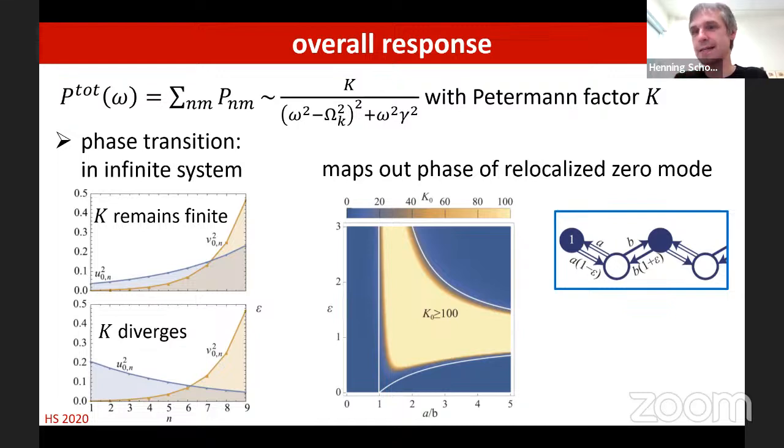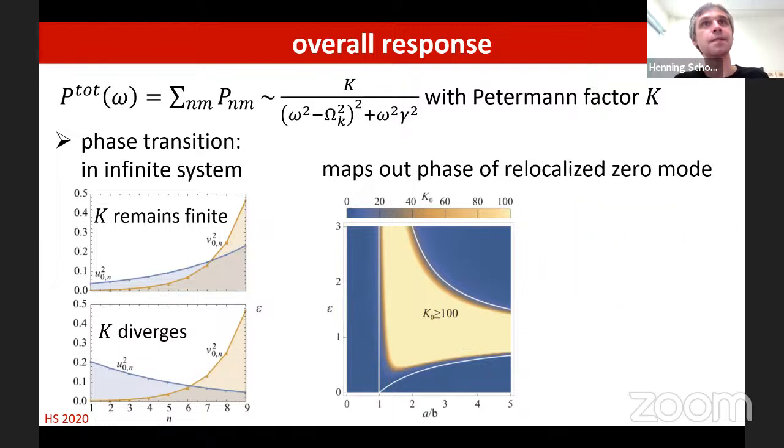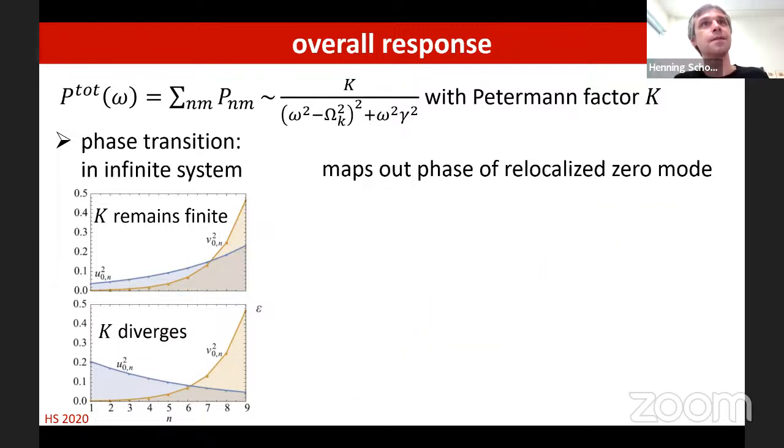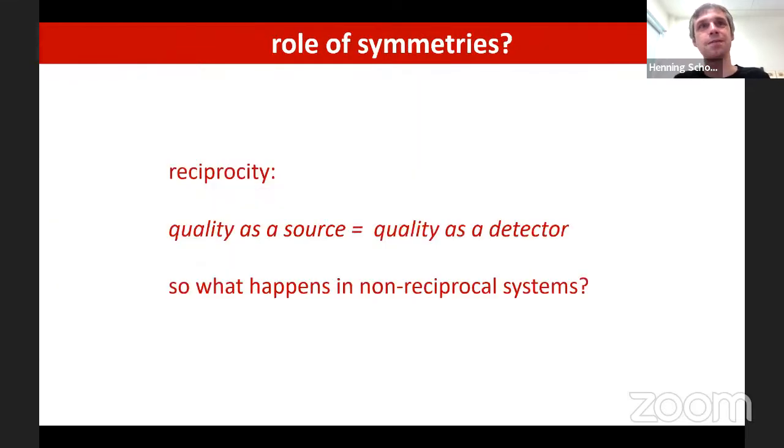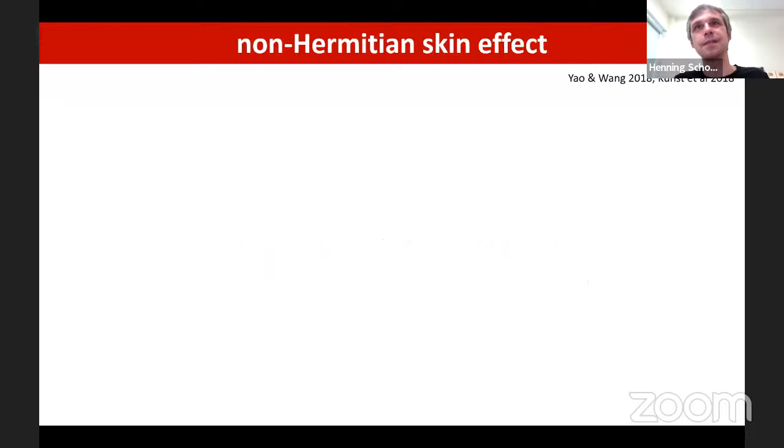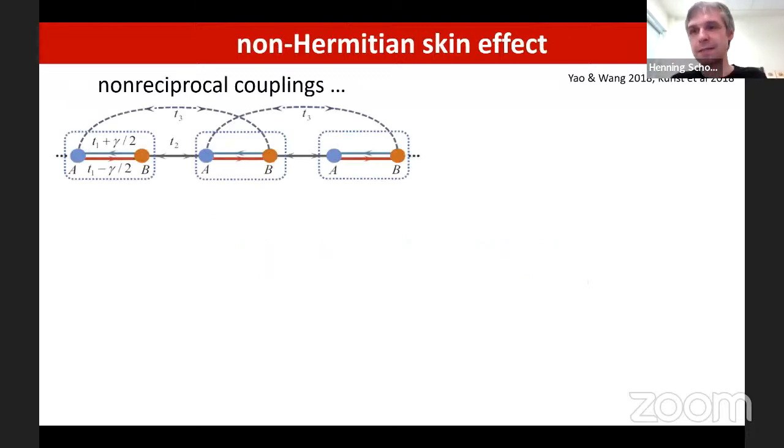And then in the 1990s, Hatano and Nelson wrote a paper on a system which is very similar to the systems that we are seeing here with directed couplings. These systems are built using directed couplings. Their motivation was actually to study Anderson localization.